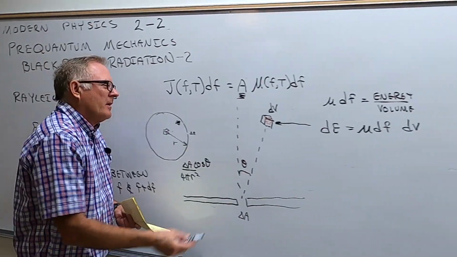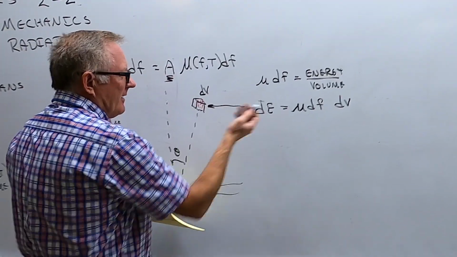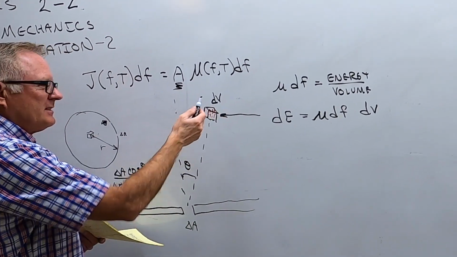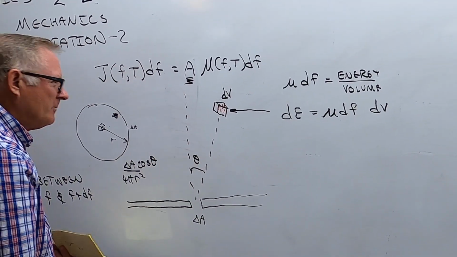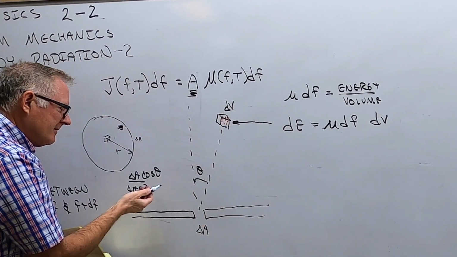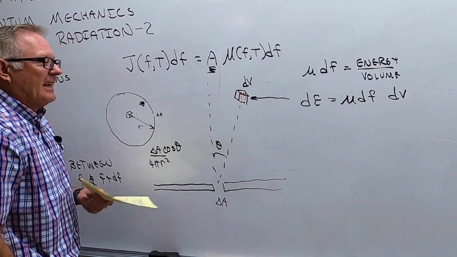Okay, so if this is the energy in there, if I want to know what fraction of this energy is going to get out through the hole, it should just be this times the probability that I get out right here.